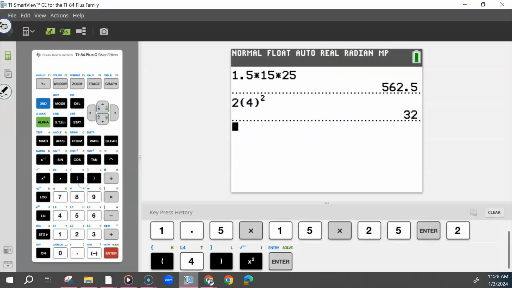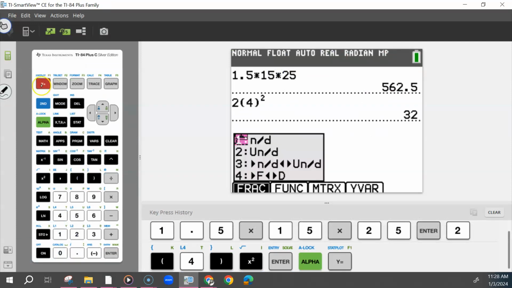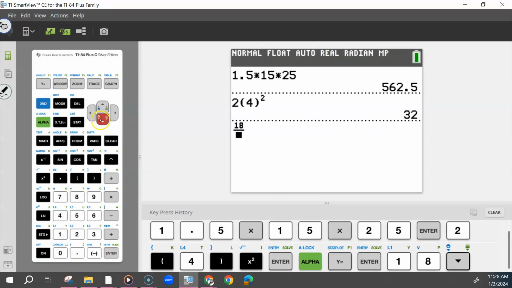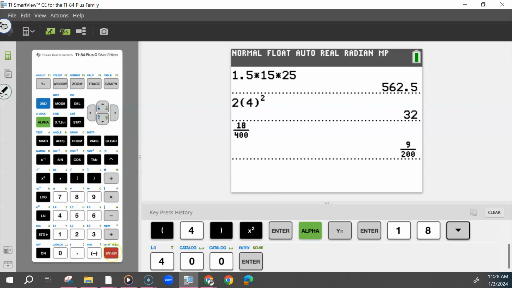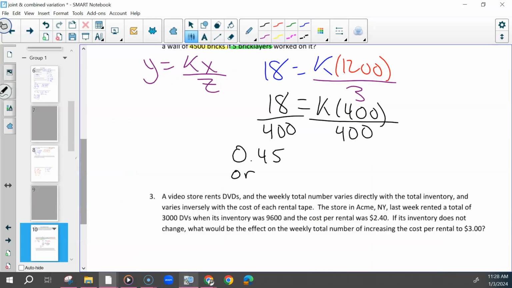So if we did it as 18 times z equals instead, it would leave it as a fraction. 0.045 equals k.